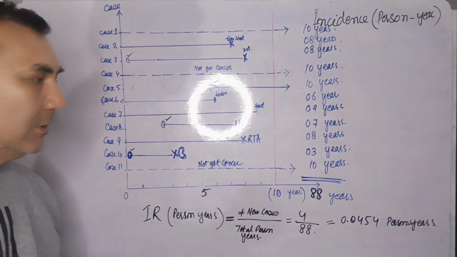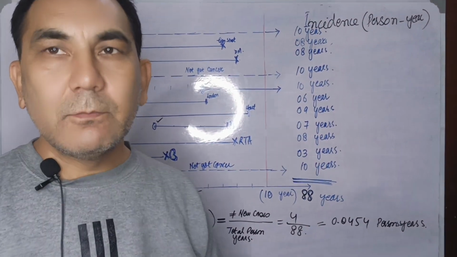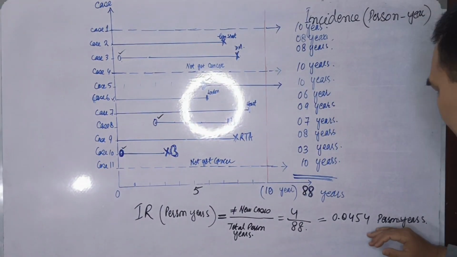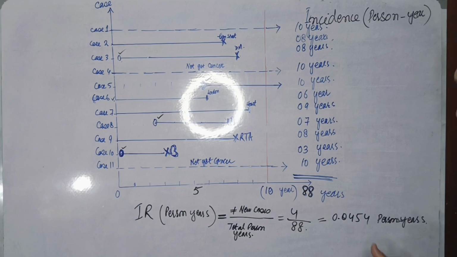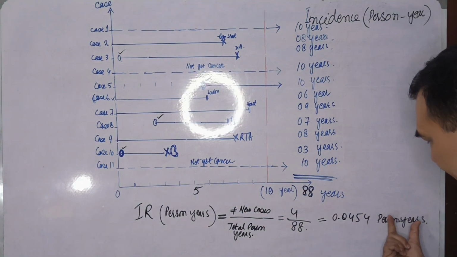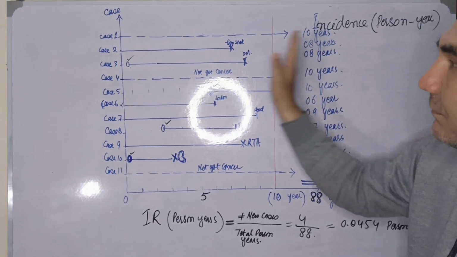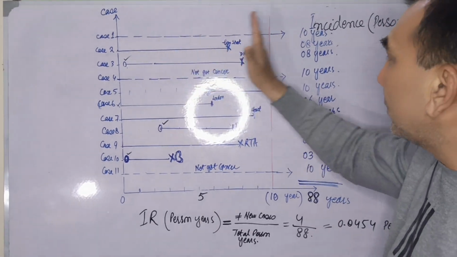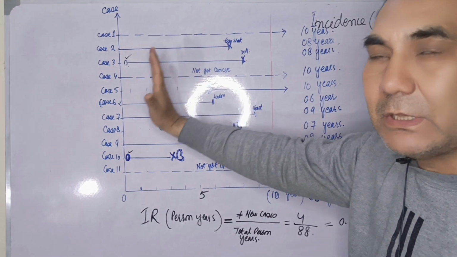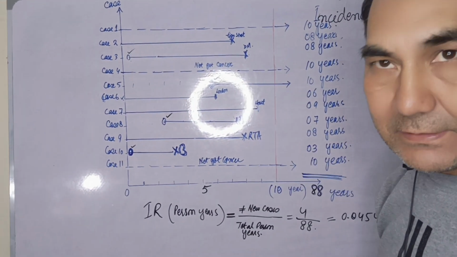Okay, 0.045 means 4.5 persons per 100 person years to remain exposed to the incidence of new cases of the cancer.